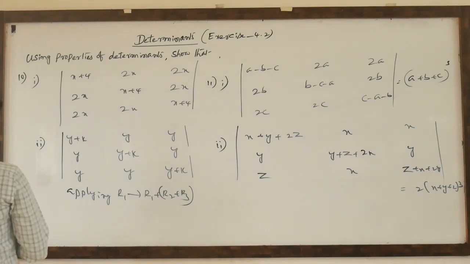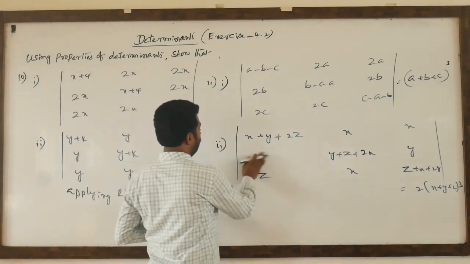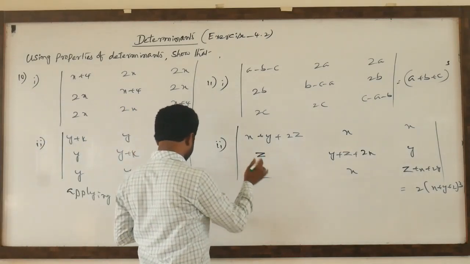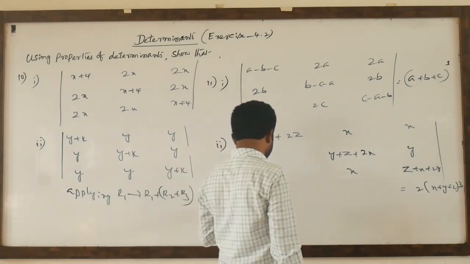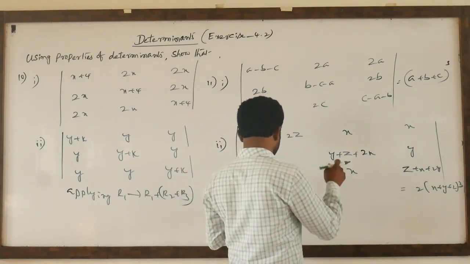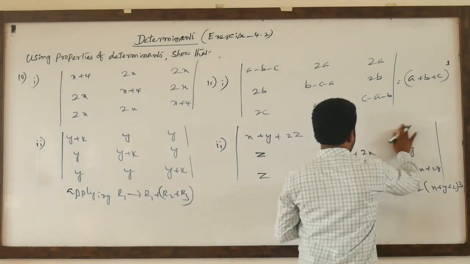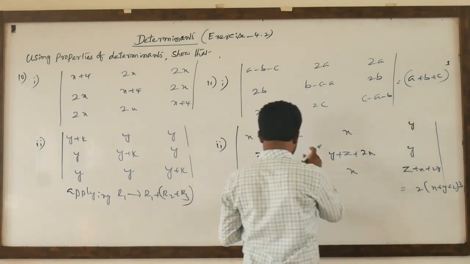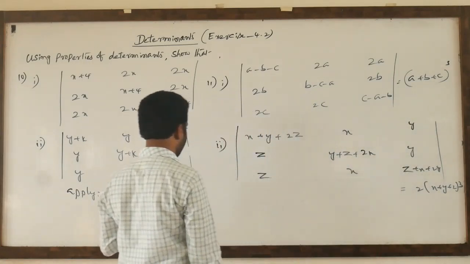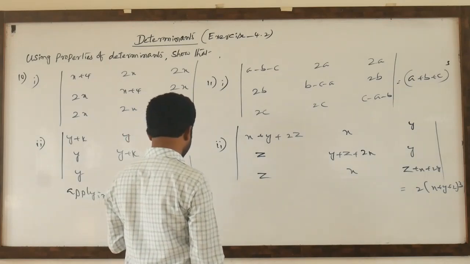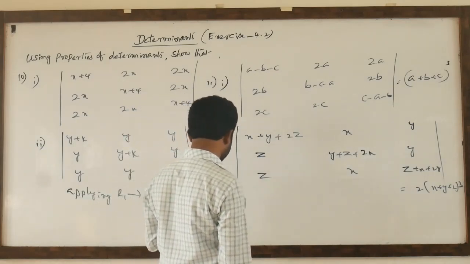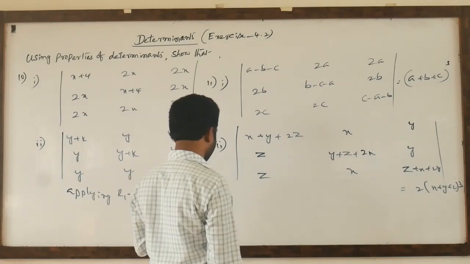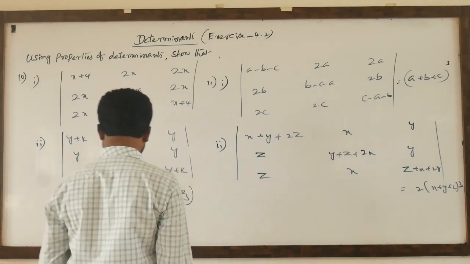This is also z, this is also z. The rows are: x plus y plus 2z, x, y; z plus y plus z plus 2x, y, z; plus x plus z plus x plus 2y.